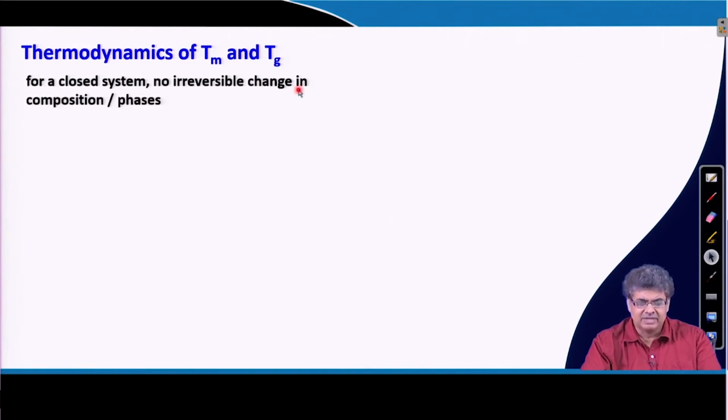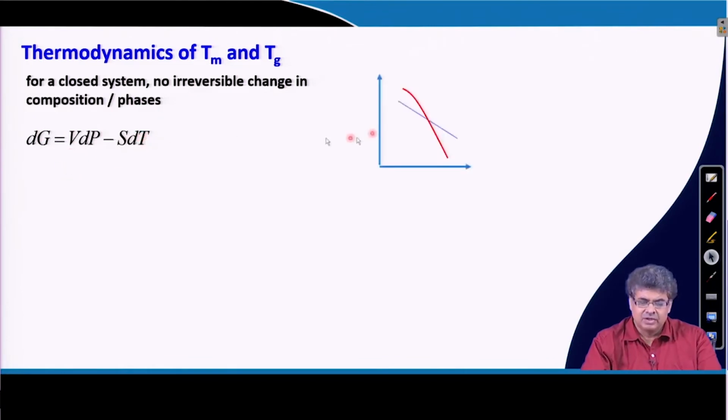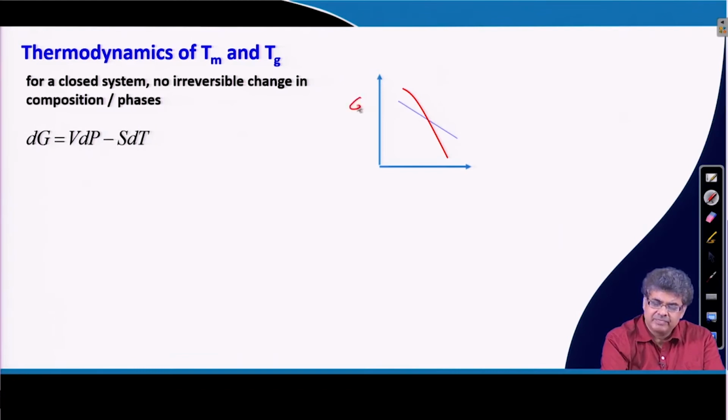We know from our knowledge of thermodynamics that for a closed system with no irreversible change in composition and phases, we have this expression. So, for a first order transition, if we plot G versus either T, V or P, we will not have a discontinuity.